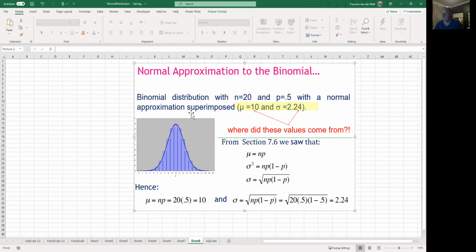Okay, so binomial distribution with a normal approach, where did these values come from? I thought this was a little example. Let me just think about it. n is 20 and P is 0.5.